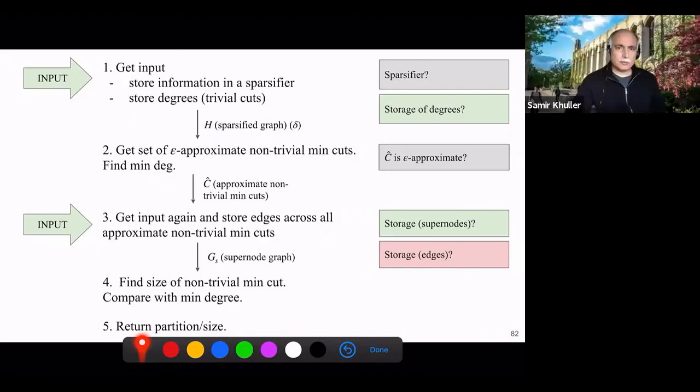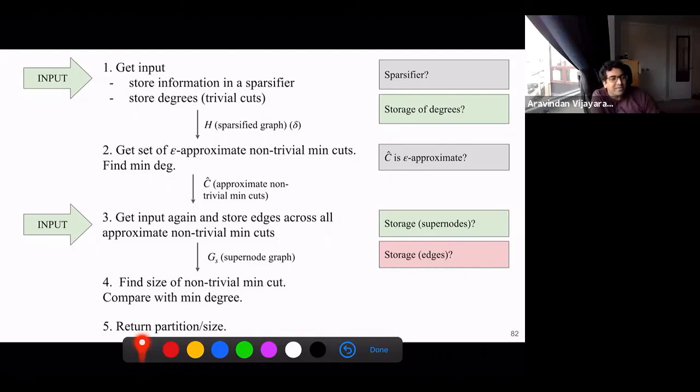On a related note, I was wondering, this algorithm is a streaming algorithm which uses little memory, but is there a guarantee on the running time? Because there are these approximate non-trivial min cuts that you need to list, and you may need to go over them. Is that something that can also be done efficiently?